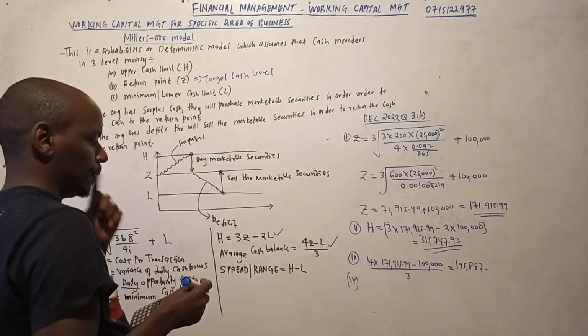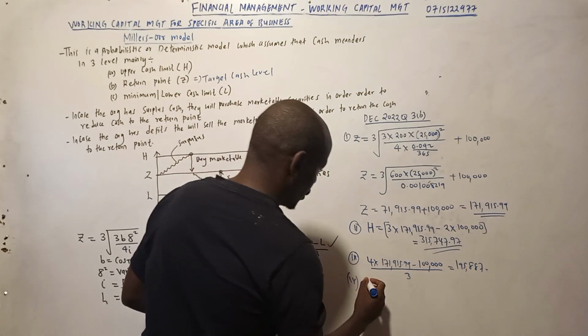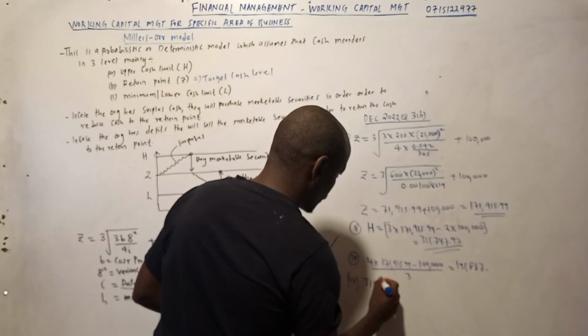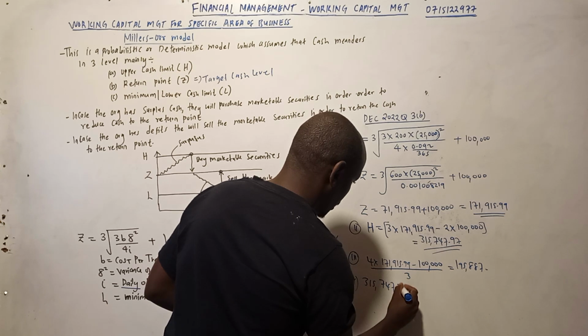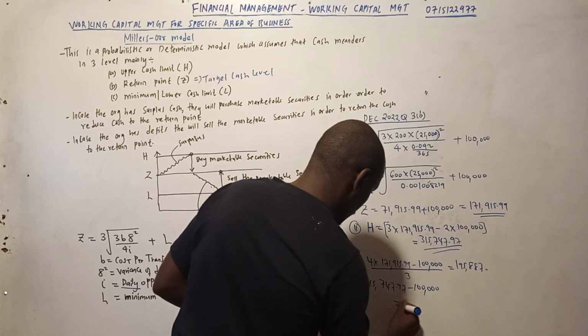The spread ni H minus L. So H ni 315,747.97 minus 100,000. So what will be the spread?